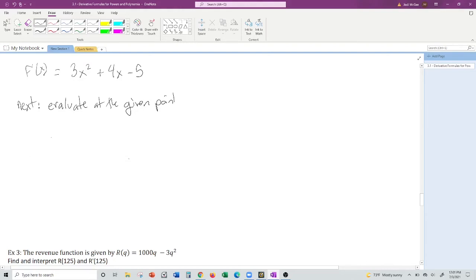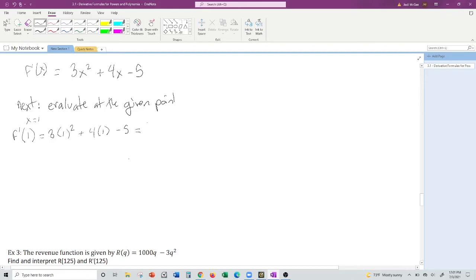So we need to evaluate our derivative function, f prime of x, at x equals 1. So f prime of 1. We're going to plug 1 in everywhere we see an x. So we have 3 times 1 squared plus 4 times 1 minus 5.